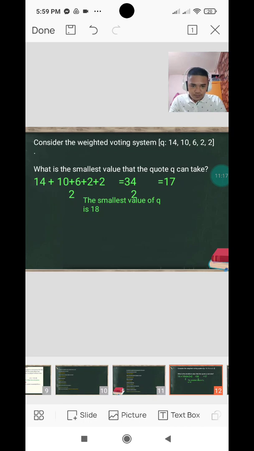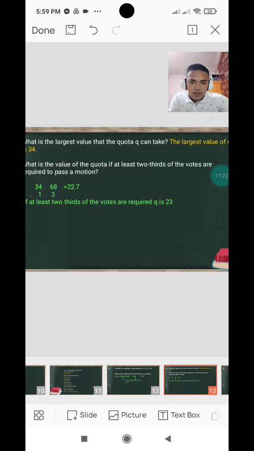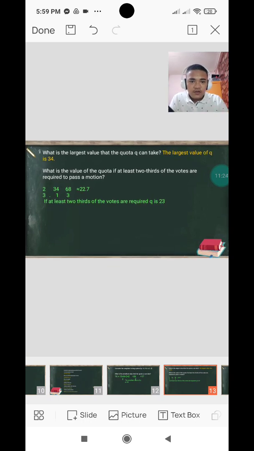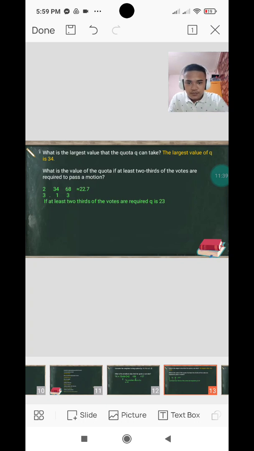The largest value of quota is 34. What is the value of quota if at least 2/3 of the votes are required to pass a motion? 2 times 34 equals 68.